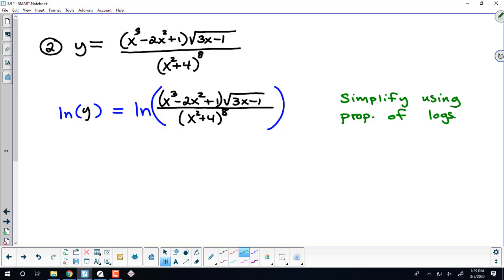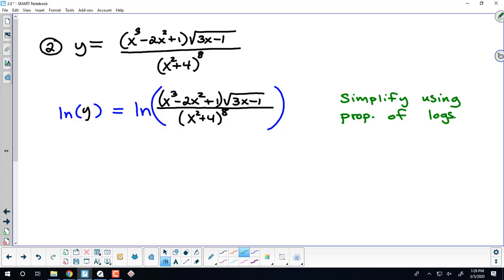So again, if this is all you did, you haven't helped yourself at all, right? Because now you have to take the derivative of the log of this function. You might as well just take the derivative of your original function. But once again, on the right-hand side, you have the log of a quotient. You have to look at the overall structure of the function. Yeah, it has products and powers, but it is something divided by something else.